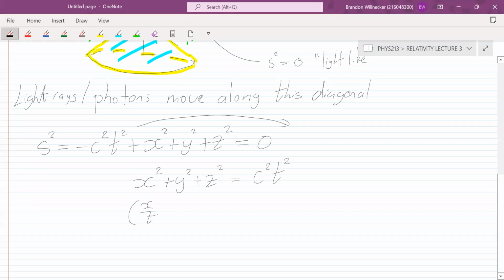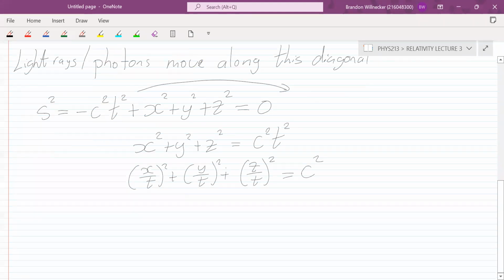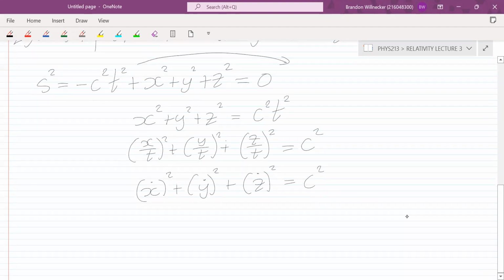So we get (x over t) squared plus (y over t) squared plus (z over t) squared is equal to c squared. Now x over t, y over t, z over t, that gives us x dot squared plus y dot squared plus z dot squared, and that is equal to c squared. Okay, now x dot squared plus y dot squared plus z dot squared, that's just the velocity squared, is equal to c squared. So v is equal to plus or minus c.